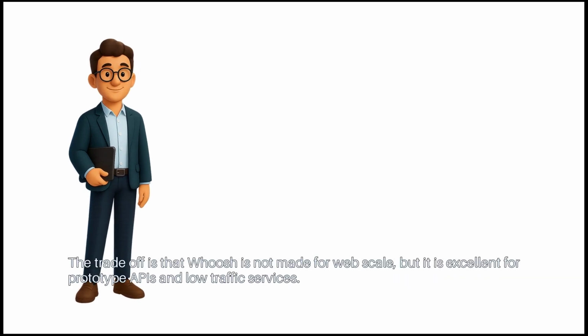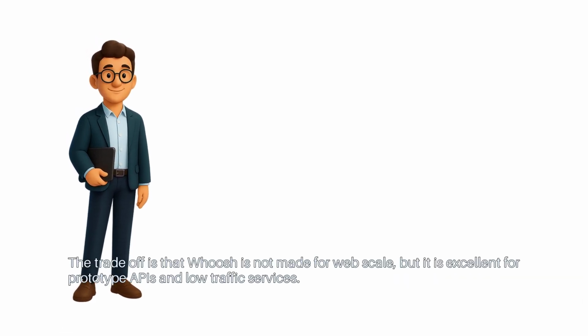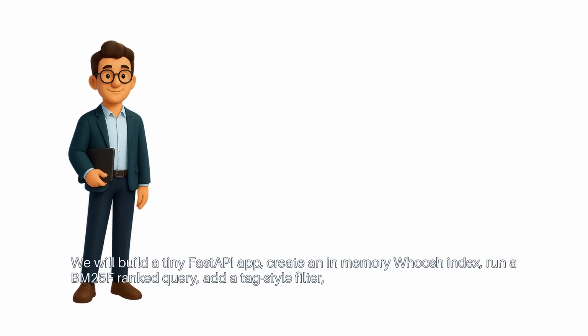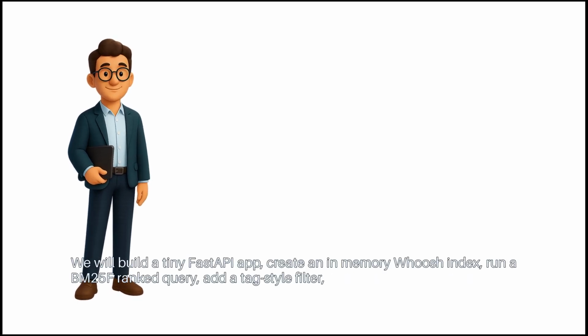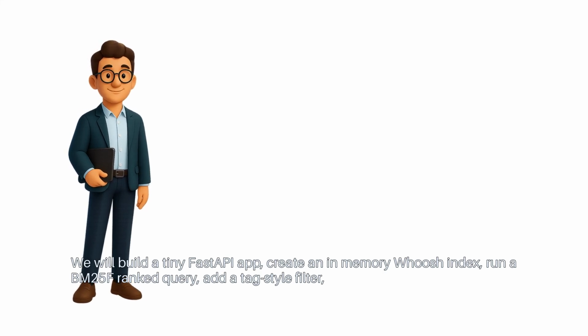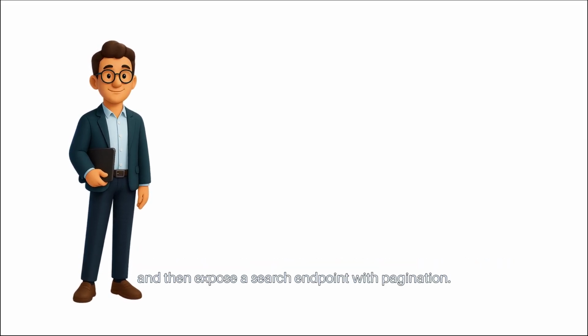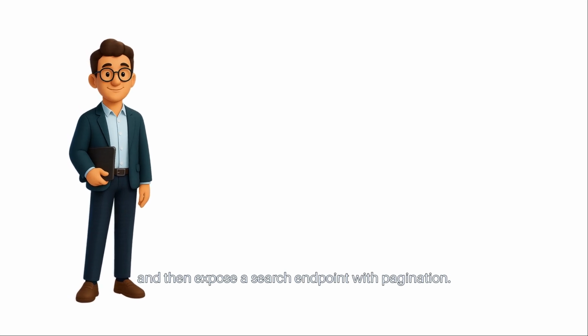The trade-off is that Whoosh is not made for web scale, but it is excellent for prototype APIs and low-traffic services. We will build a tiny FastAPI app, create an in-memory Whoosh index, run a BM25F ranked query, add a tag-style filter, and then expose a search endpoint with pagination.